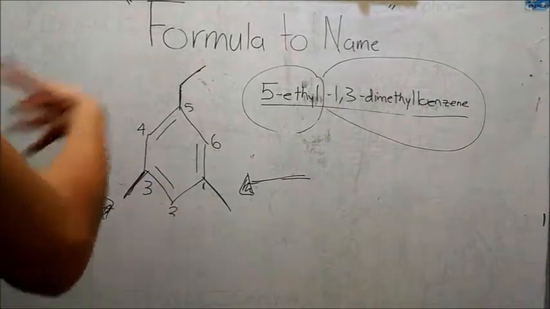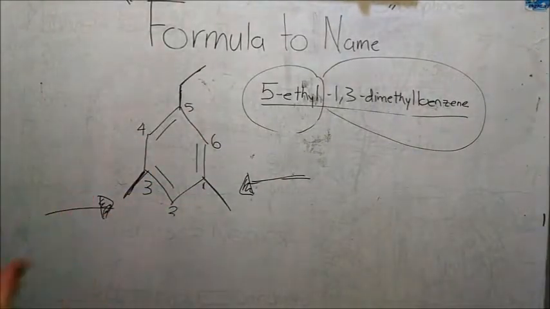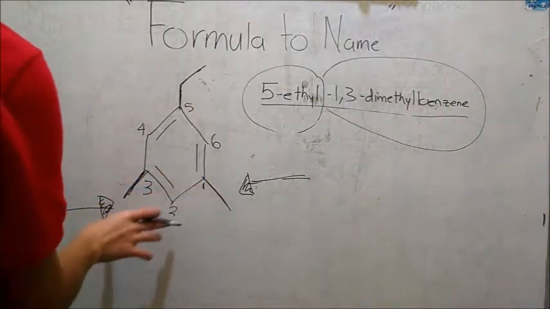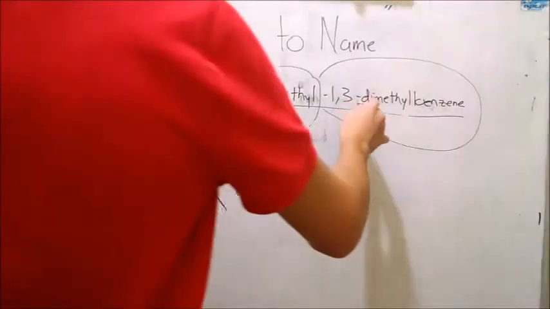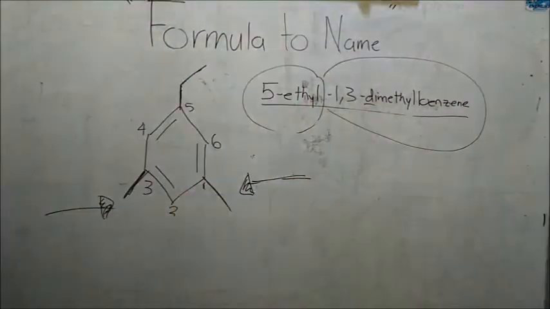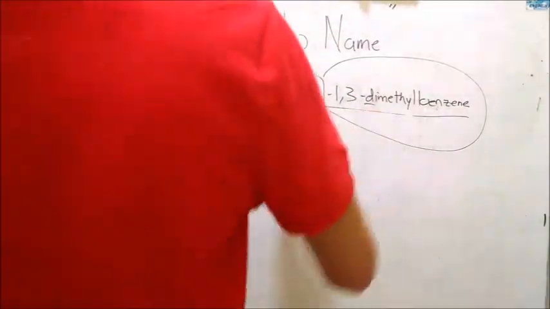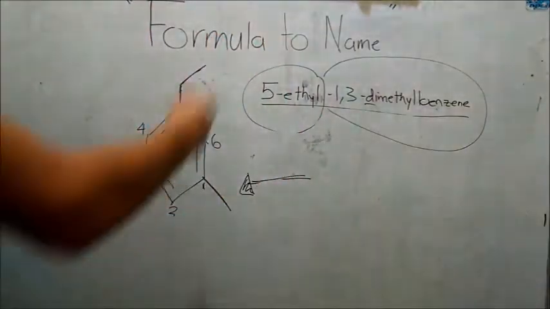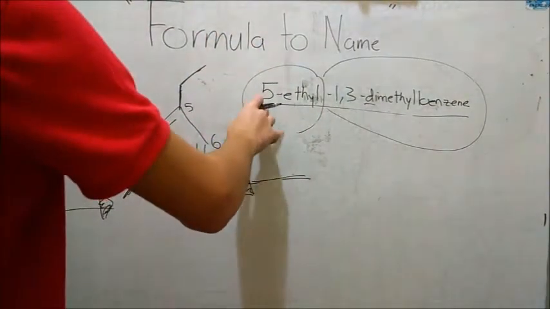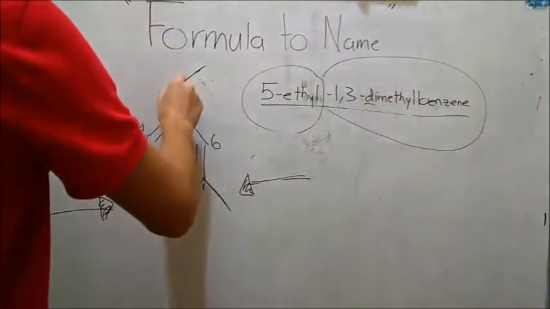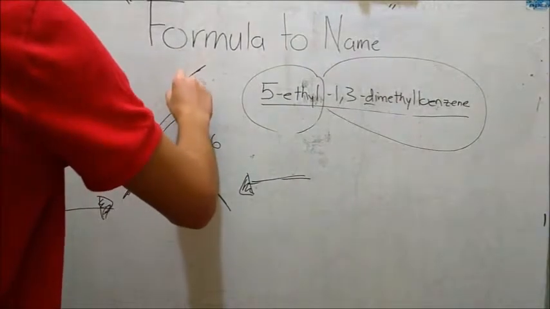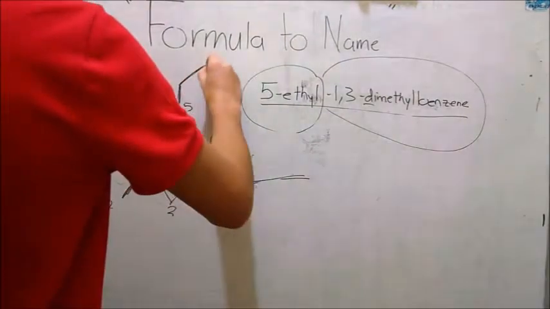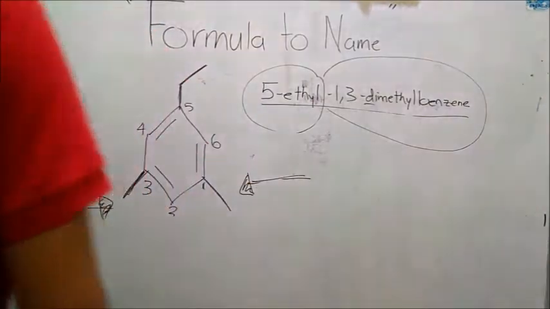These are methyl. Because we have 2, we are going to call it D, that means 2, and methyl, that are just 1, and benzene also. And over here we put 5-ethyl because it has 1 line over here, as you can see, and 1 line to the top.